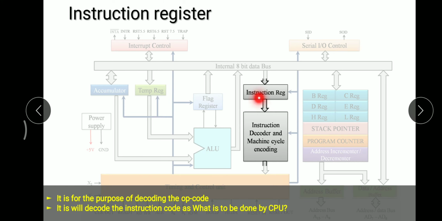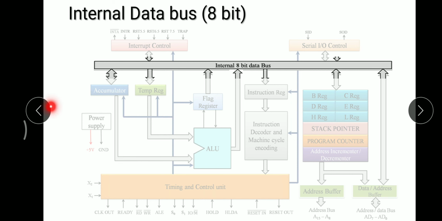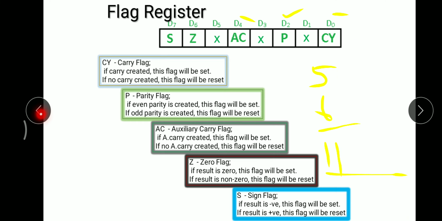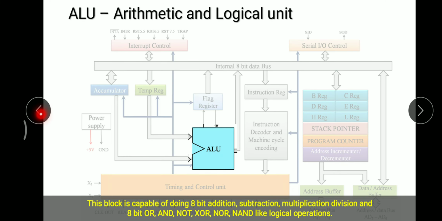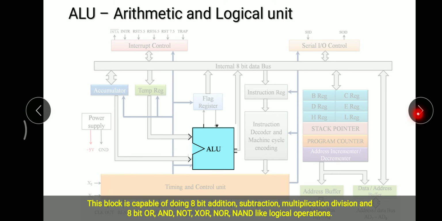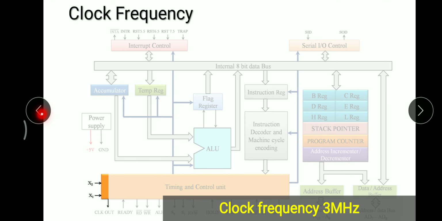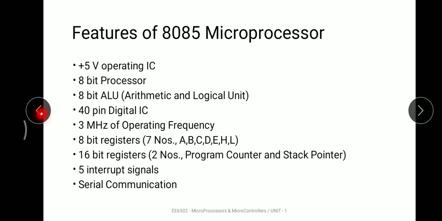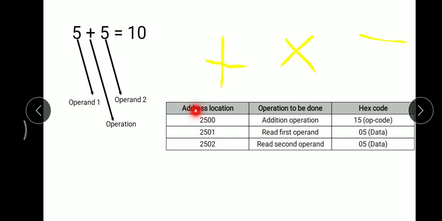The program counter is the 16-bit register used in 8085 for indicating the address of the next instruction to be executed. Say for example, this is the addition operation example we have seen so far.